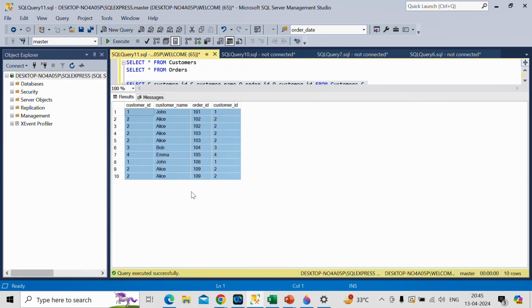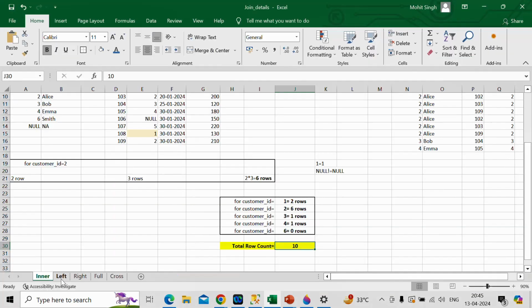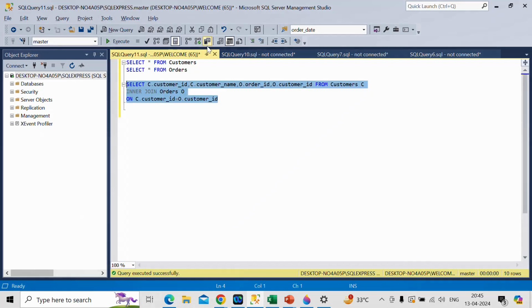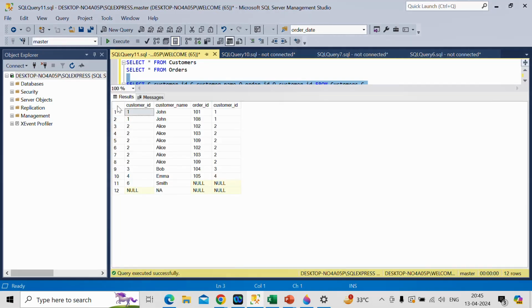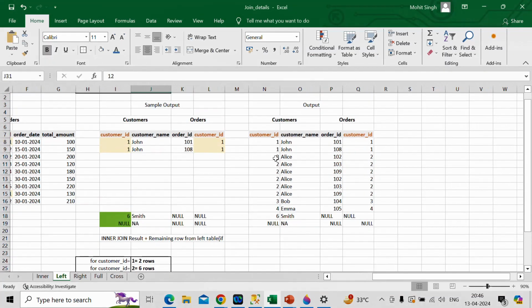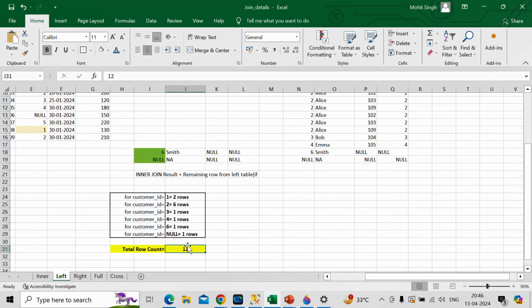I'll provide DDL and DML script so that you can verify it from your end also. Okay. In case of left join, we will get 12 rows. Let us verify. So in case of inner, I'll write left. Let me run it. We got 12 rows. Okay. And the output would be same what we have discussed. You can verify it from your end.